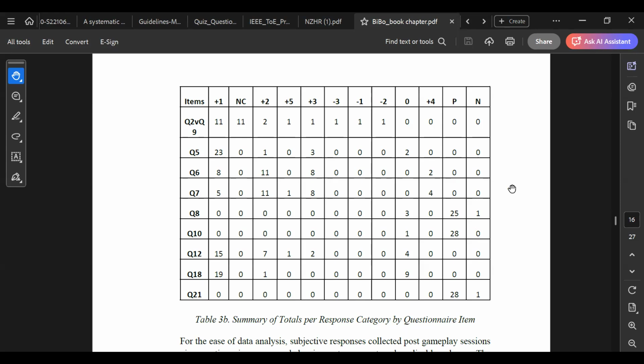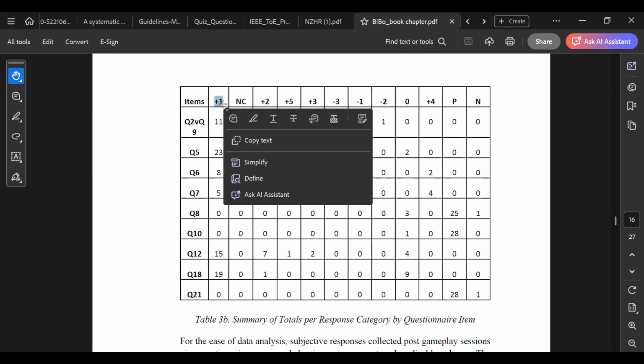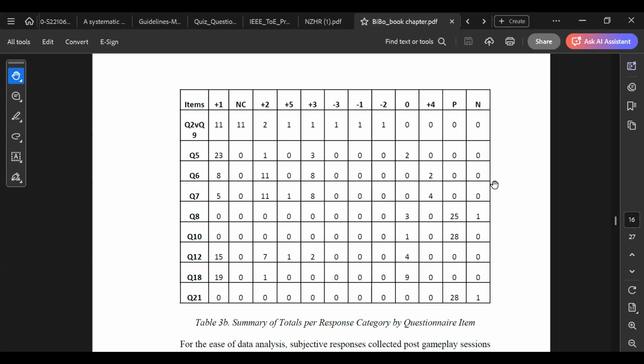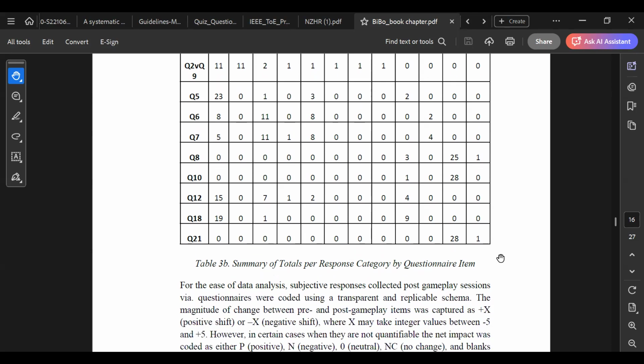So we also tried to see on a scale how significant the difference was before and after, right? NC for no difference, but if pre and post there was an increment of +1 or +2 or +3, that also shows whether the game has informed and influenced them positively, and to what extent.